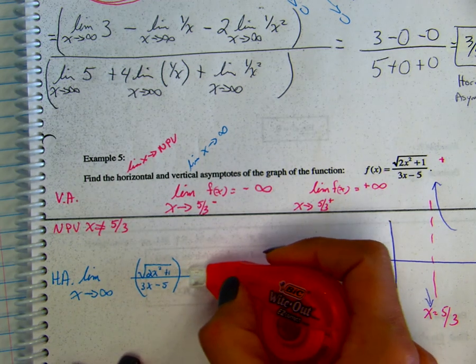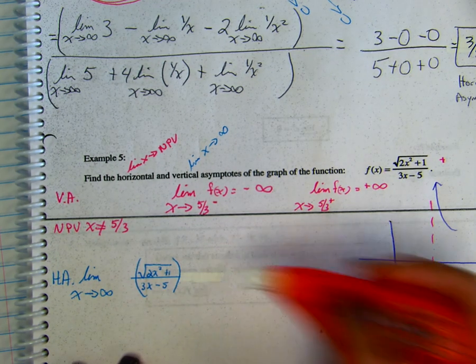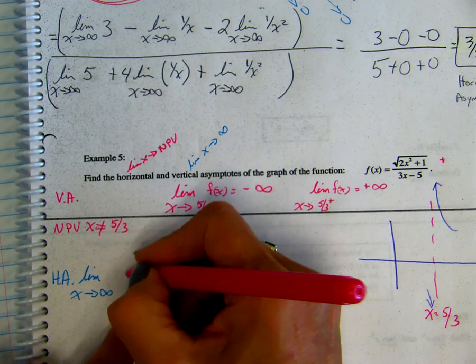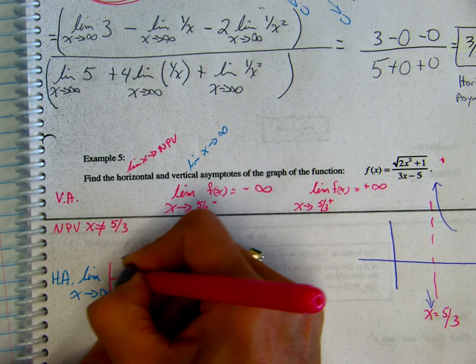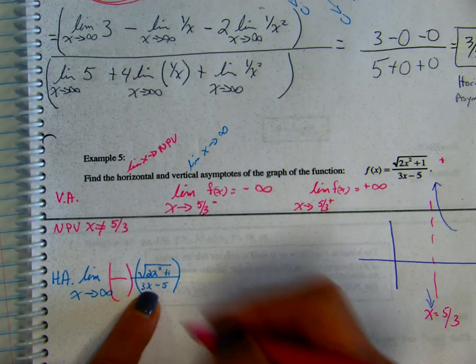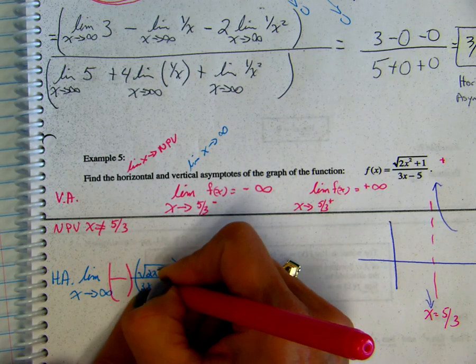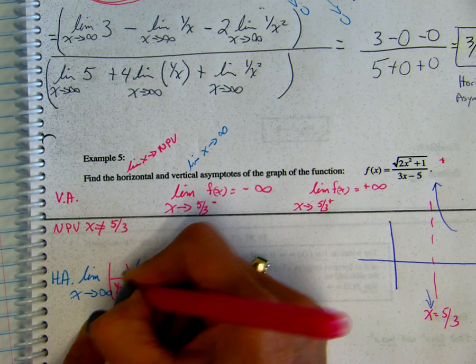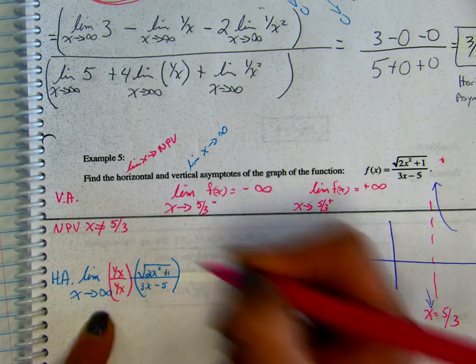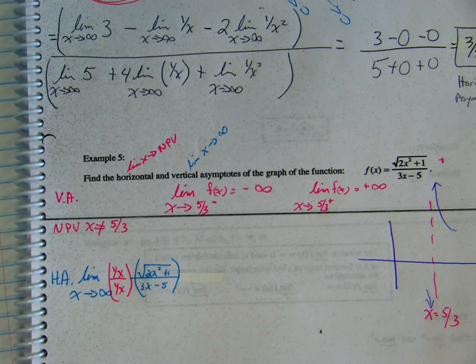My strategy for infinity is that I multiply by 1 over the highest power of x in the denominator. The higher power of x in the denominator is a power of 1. So I'm going to multiply this top and bottom by 1 over x.